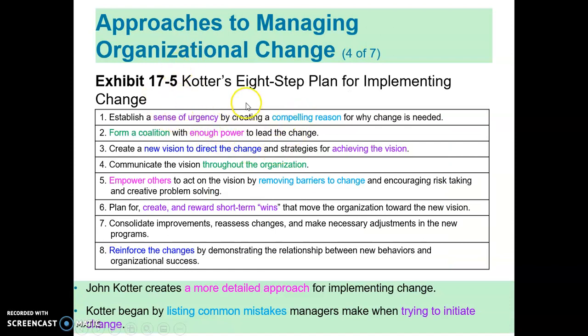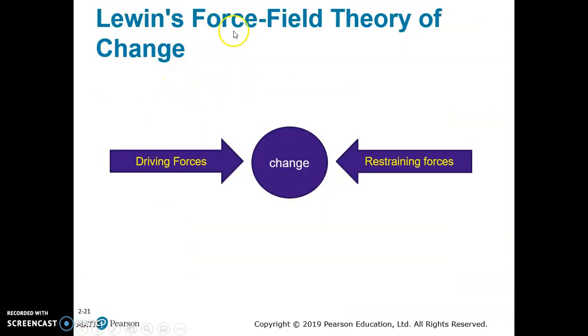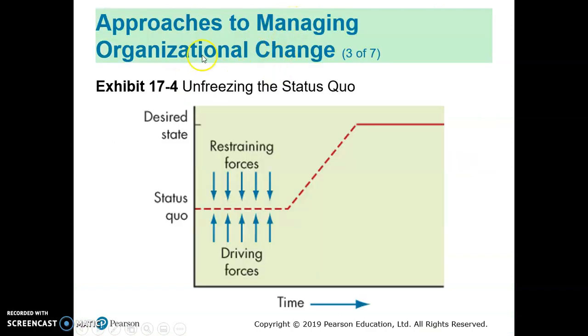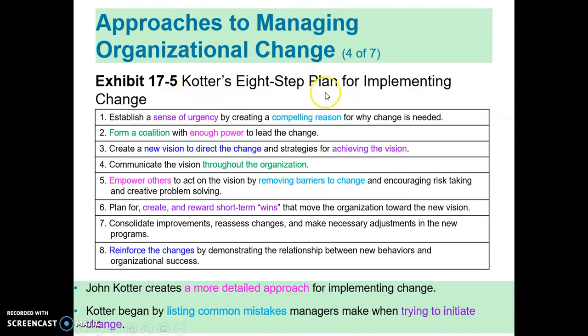So the theory just now was Lewin's force theory. Then we move to Kotter's 8-step plan for implementing change. Kotter came up with 8 steps. For example, first establish a sense of urgency, to explain why change is needed. Then form a coalition with enough power to lead the change. That means having more driving forces, so that the change could be done.